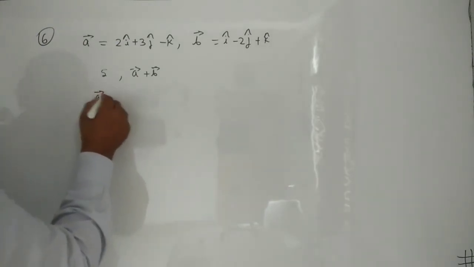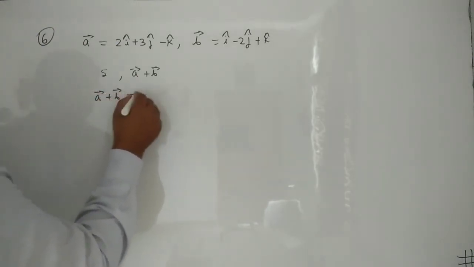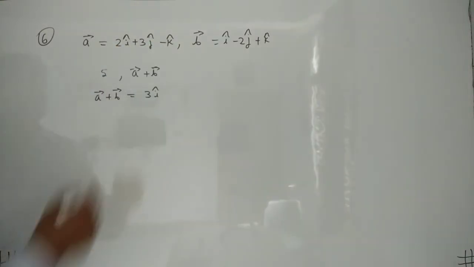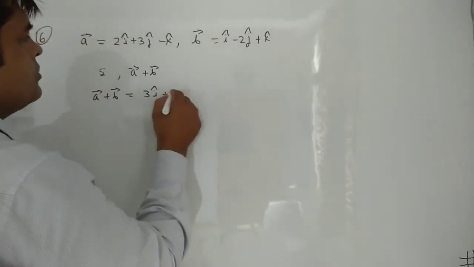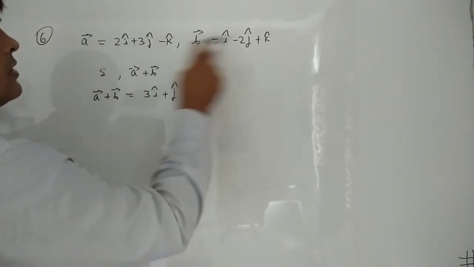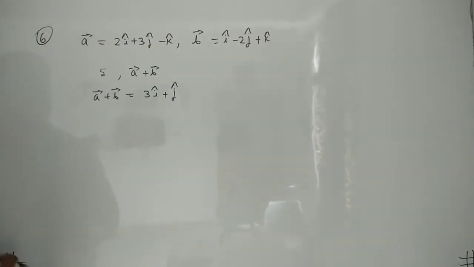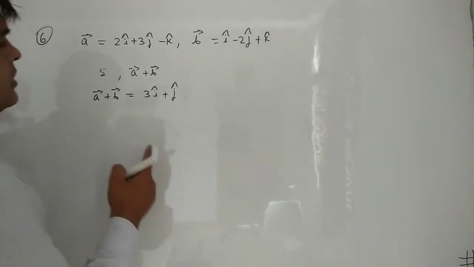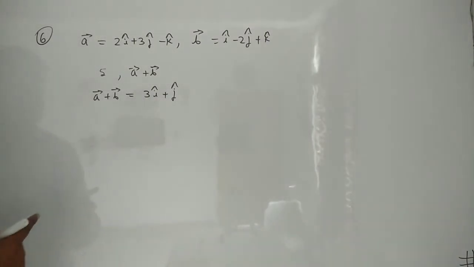So vector A plus vector B is 3 i cap. We add the respective components: 3 minus 2 j cap, and minus 1 plus 1 k cap. So this is the resulting vector A plus B. Now in this direction we have to evaluate a vector of magnitude 5 units.